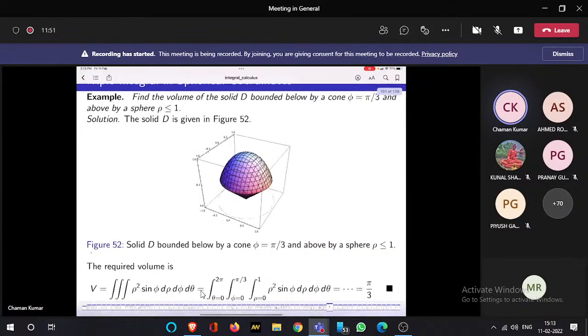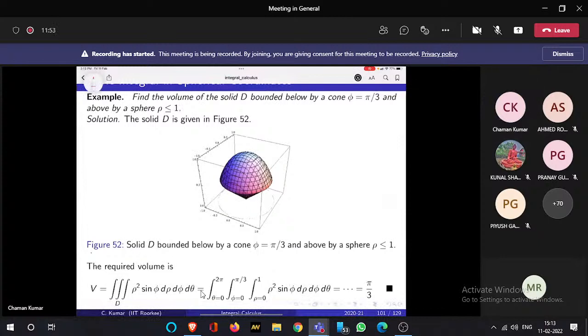So let us draw a ray. First of all, where is the origin? This is 0 here, and this is 0, and this is also 0.